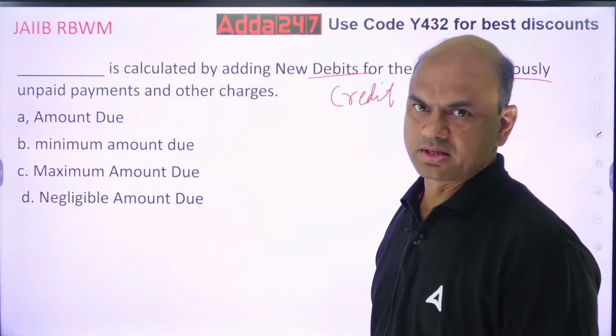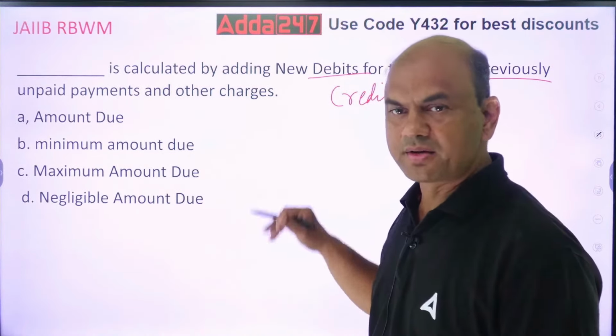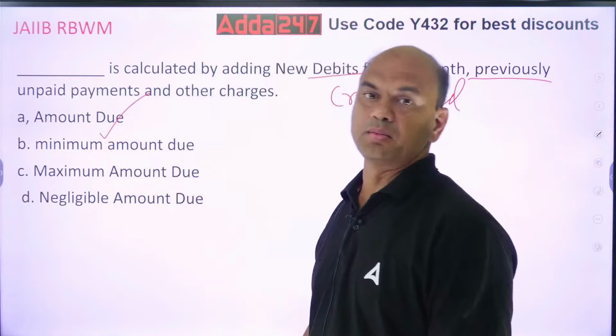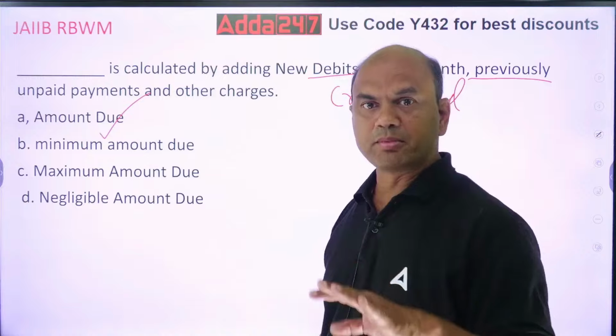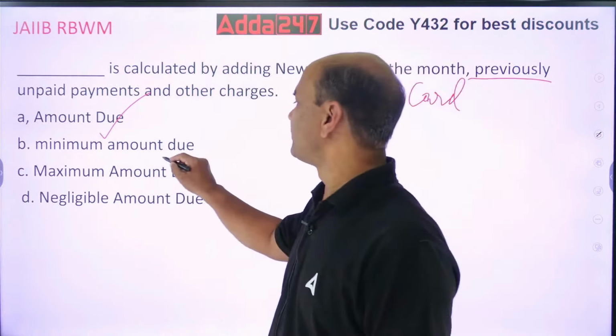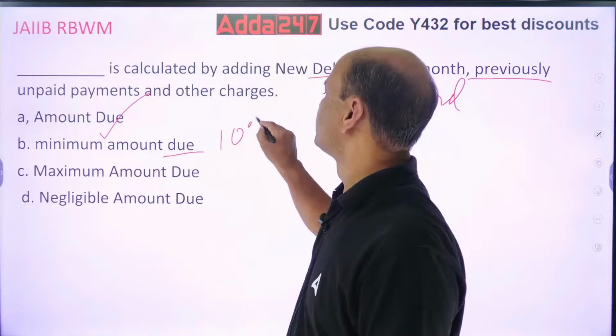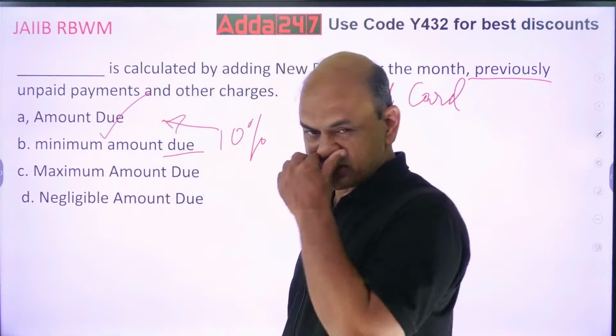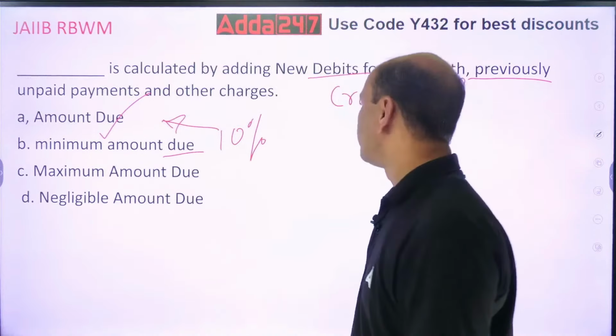Those are all added to calculate the amount due. Minimum amount is separate. RBI says minimum amount due should be 10% of the amount due.